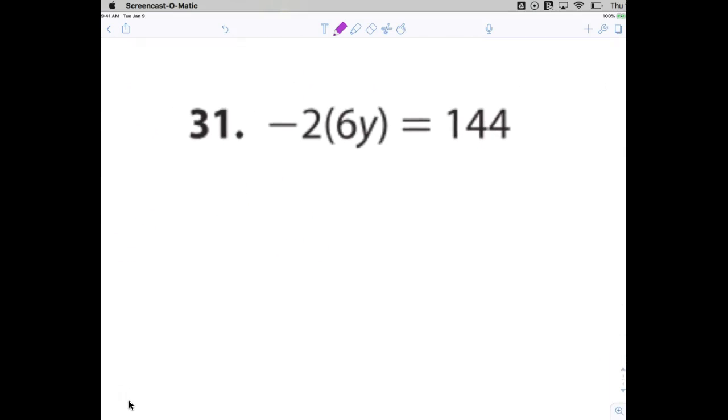Uh-oh, 31. Yeah, we're going to multiply. So that just becomes negative 12y equals 144. Divide by negative 12. Thank you, Chloe.